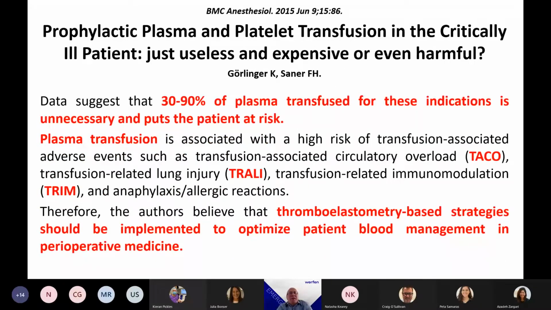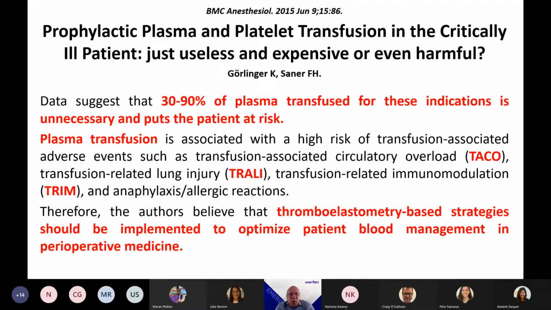So just to summarize this, and this is from an editorial, Furzan and I were invited 6 years ago, that when we look at the data, 30 to 90% of plasma transfusion, and this is also true for platelet transfusion, is performed in an unnecessary way and even puts patients at increased risk due to transfusion-associated circulatory overload, transfusion-related acute lung injury, and transfusion-related immunomodulation.